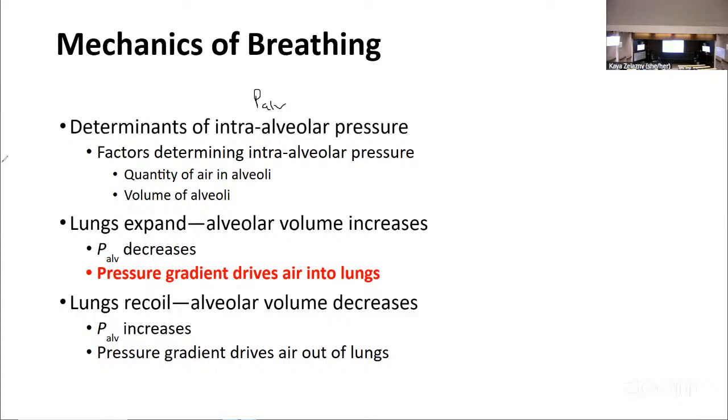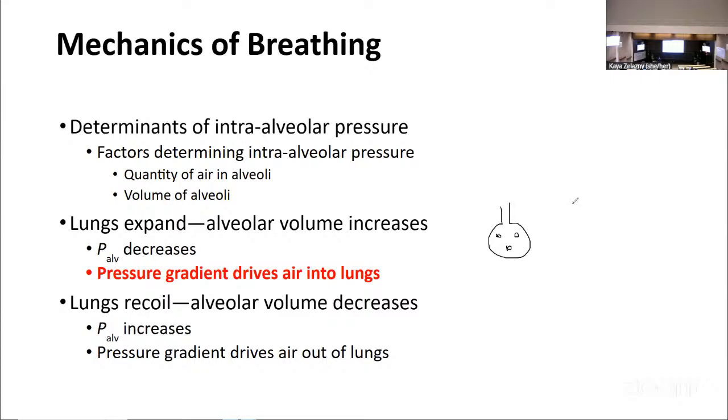Okay. So what is happening when you are breathing in? What we see happening as the lungs expand: you start with an alveolus with some molecules of air in here, so some gas.